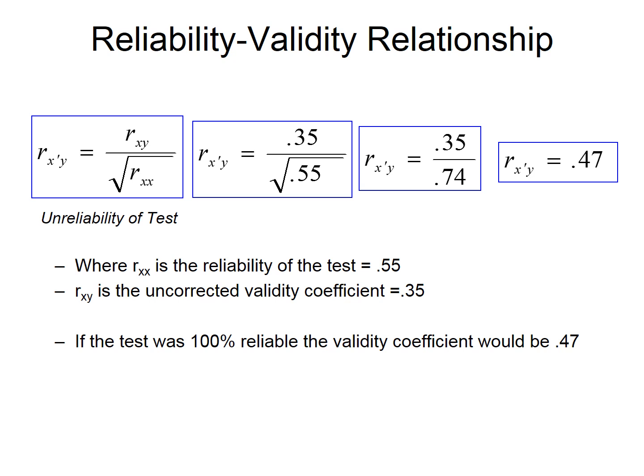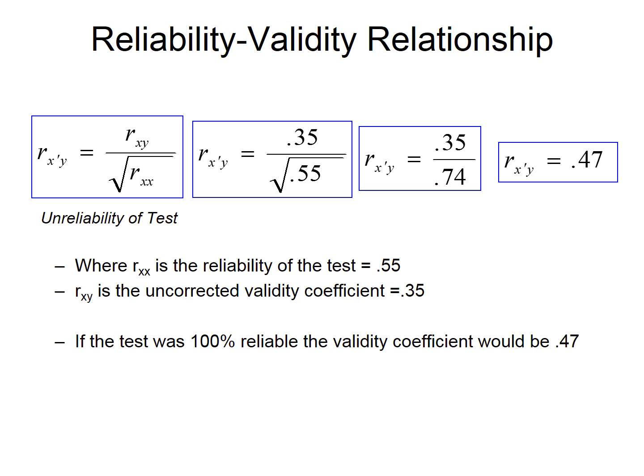So this is an illustration of how better reliability would result in a stronger ability to predict with our measure. What we're getting here is we're calculating what the perfect validity coefficient would be if our test was perfectly reliable.